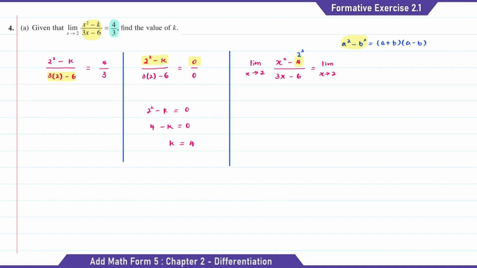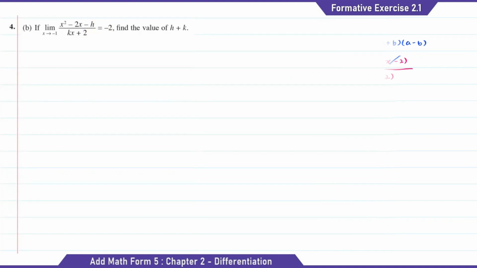Then when we factorize the numerator, we're going to get x plus 2 and x minus 2. As for the denominator, we have the common factor of 3, then 3 bracket x minus 2. So now we can cancel the x minus 2. Now when we substitute the x here with 2, we're going to get 2 plus 2 over 3, which is equal to 4 over 3.